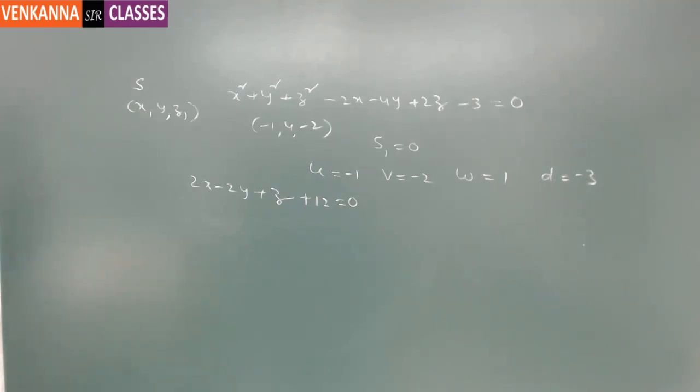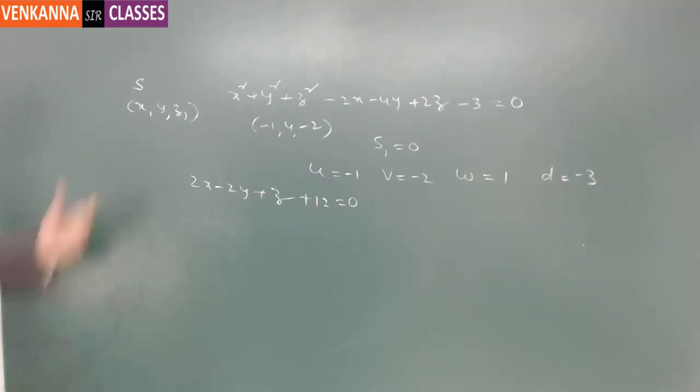Any guess for anybody? In other words, if I have given a point and a sphere equation, you should know whether the point is an internal point, an external point, or on the sphere. How can we check?